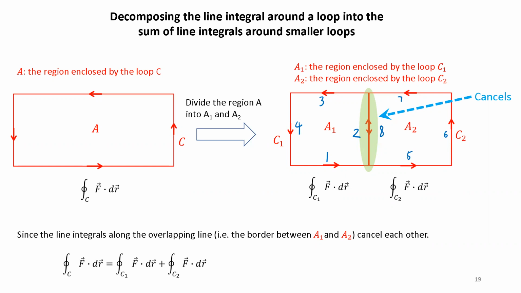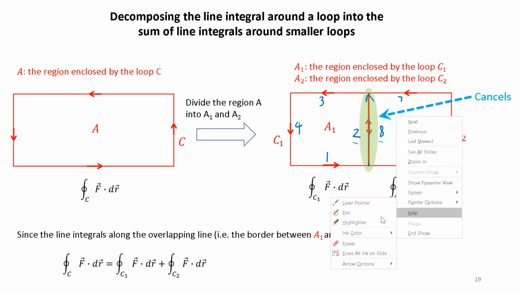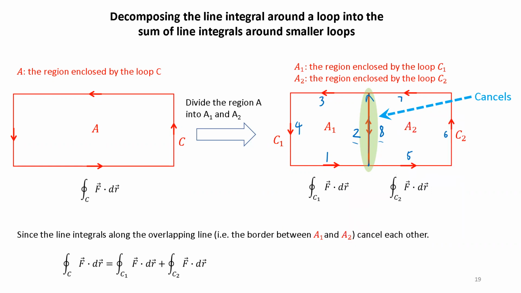I have 8 terms, but look at term 2 and term 8. When I do term 2, I'm going from here all the way up here, so I'm walking to the upside. On the other hand, when I'm doing number 8, I am actually walking downside.